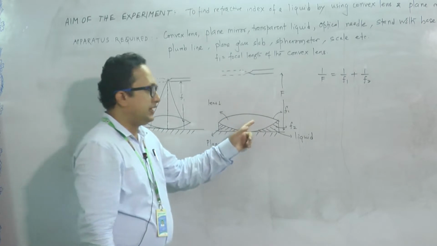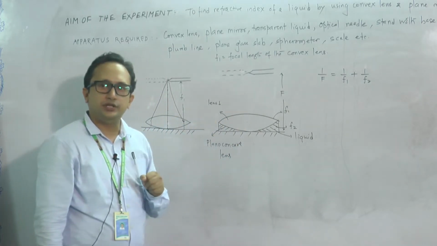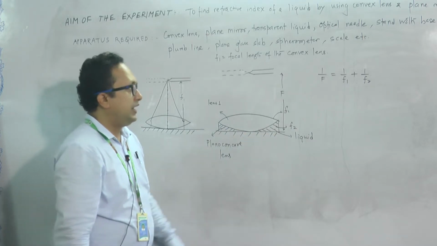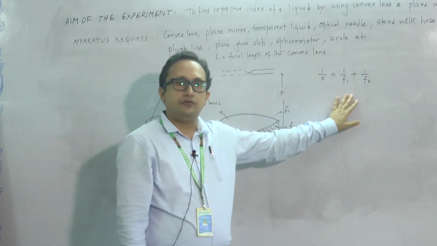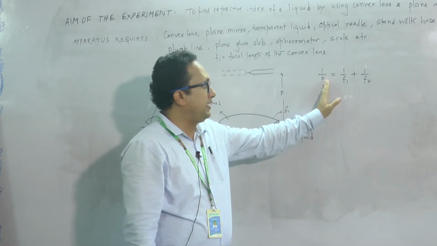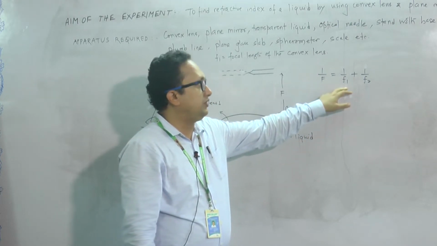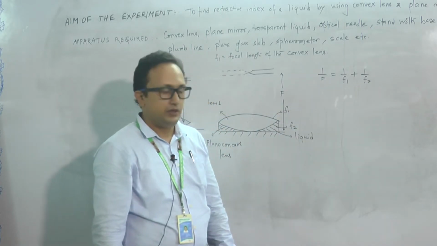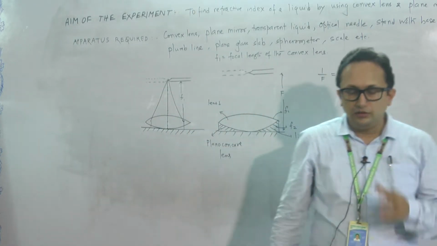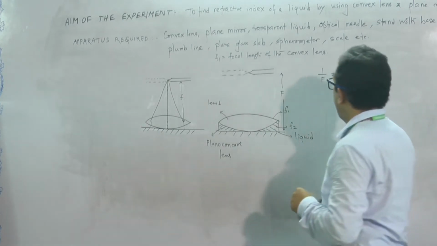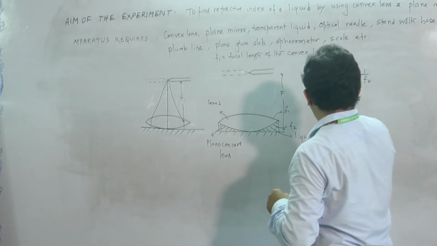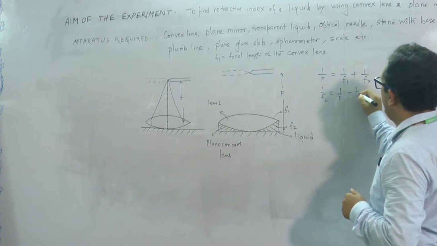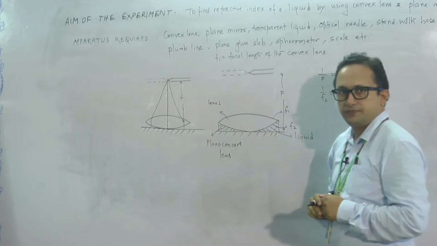But these are like two lenses in combination with each other. One is the convex lens and the other is the plano-concave lens. And the formula for the equivalent focal length is simply 1/f, which is the equivalent focal length, equal to the sum of 1/f1 and 1/f2. Agree? Now the purpose is to determine f2. So 1/f2 can be found out to be equal to 1/f minus 1/f1. Agree?